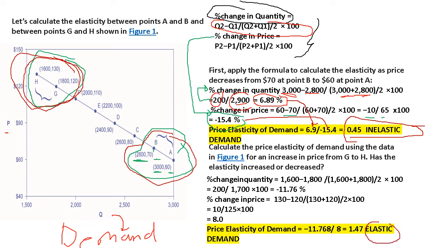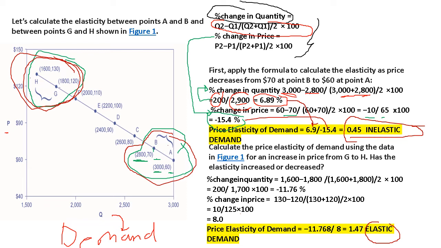So what does it mean? Therefore, the elasticity of demand from G to H, which is 1.47, the magnitude of the elasticity has increased in absolute value as we move up along the demand curve from points A to B. Recall that this elasticity between these 2 points was 0.45 for A to B, no?